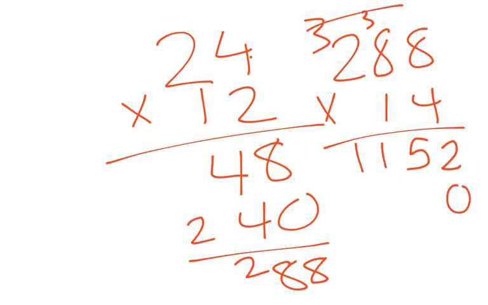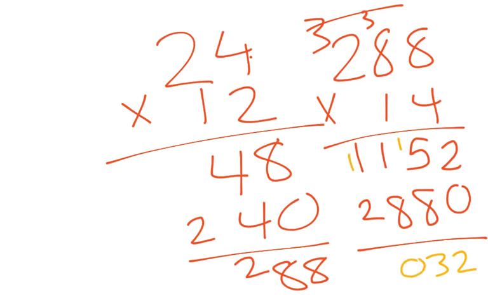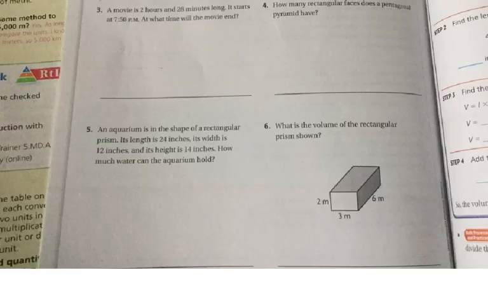Put a 0. 1 times 8 is 8. 1 times 8 is 8. 1 times 2 is 2. When I add that up, I'm going to have 2. 8 plus 5 is 13. Carry the 1. 1 plus 2 would be 10. Carry the 1. 2 plus 1 would be 4. So 4,032.